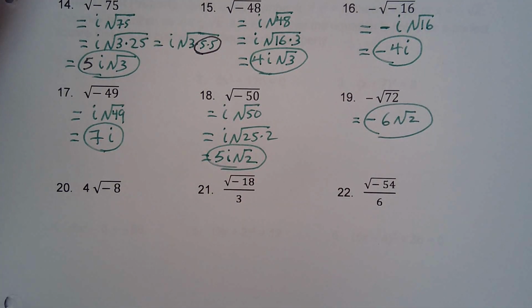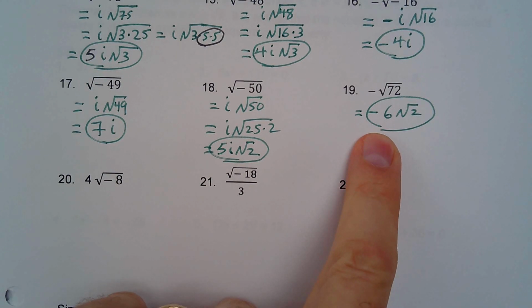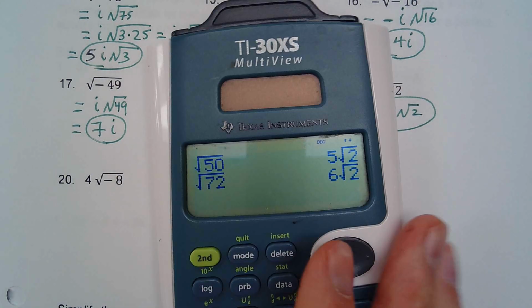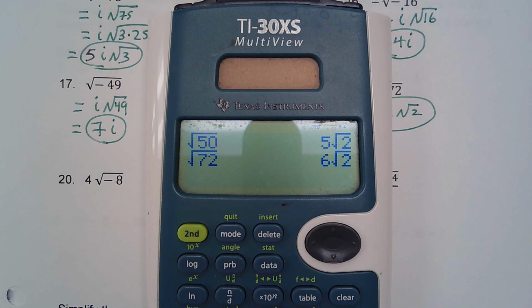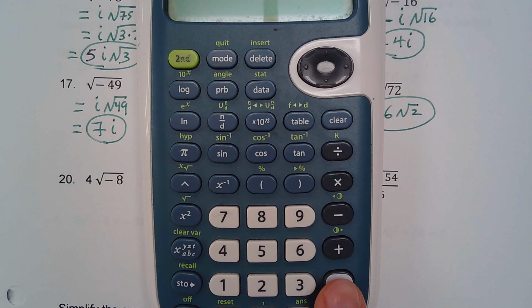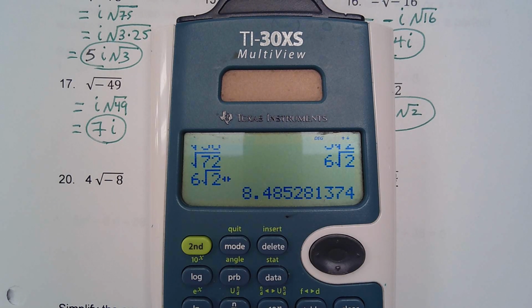When Alex asks you to do the exact value, this is the form they want it in. They don't want you to do a decimal approximation. If they tell you, they would say round the answer to the nearest, blah, blah, place. If that were the case, then I've got this double arrow key down here I can hit. When I hit that, that gives me the decimal approximation.